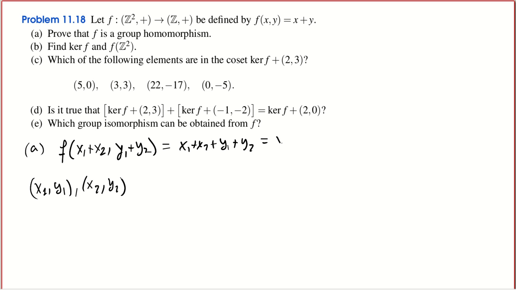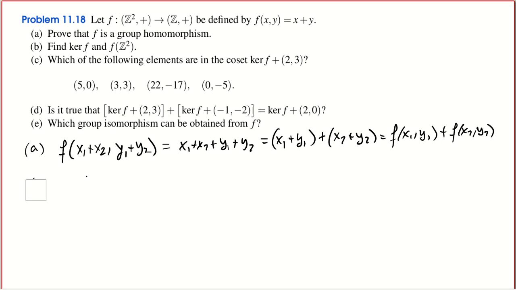Okay, but we can group this like this, (x1 + y1) + (x2 + y2), and this is equal to f(x1, y1) + f(x2, y2). So you see, the function f maps the product in the first group, which is the sum, into the product of the second group, which is the sum, right? Okay, so this is a group homomorphism because it satisfies this property, right?